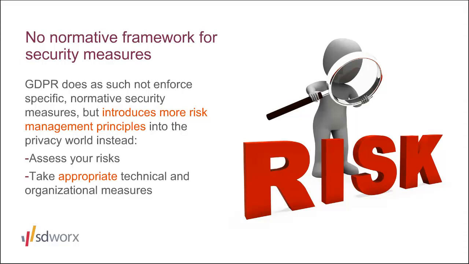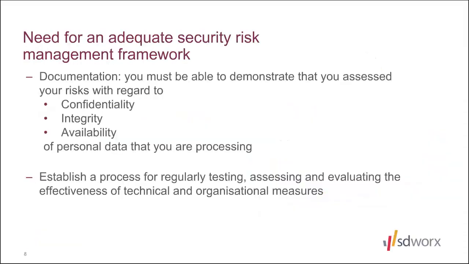So there's no really hard normative framework around that, and that makes it a bit difficult for some people, and that also means that for every company the measures will be different depending on their own evaluation. Basically, that means you need, as a company, an adequate security risk management framework.